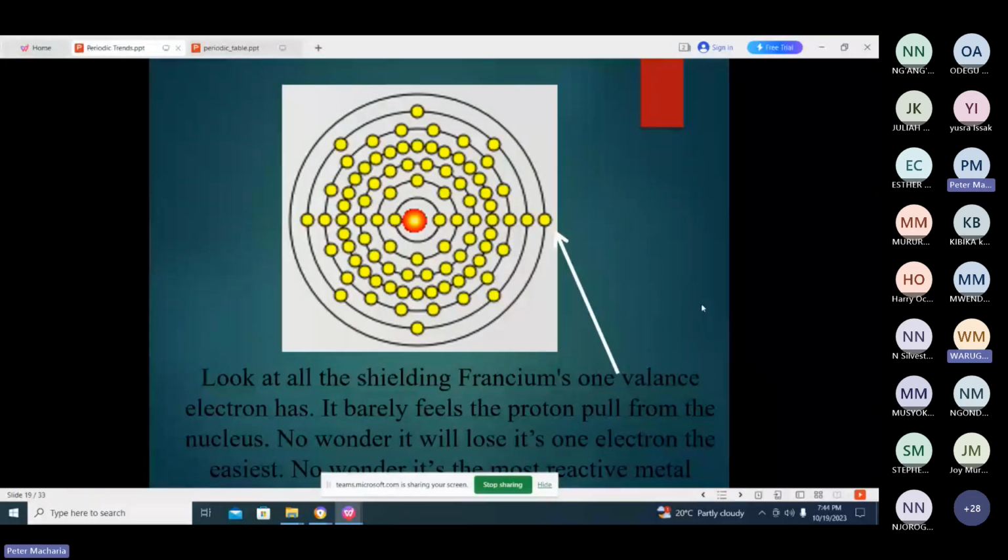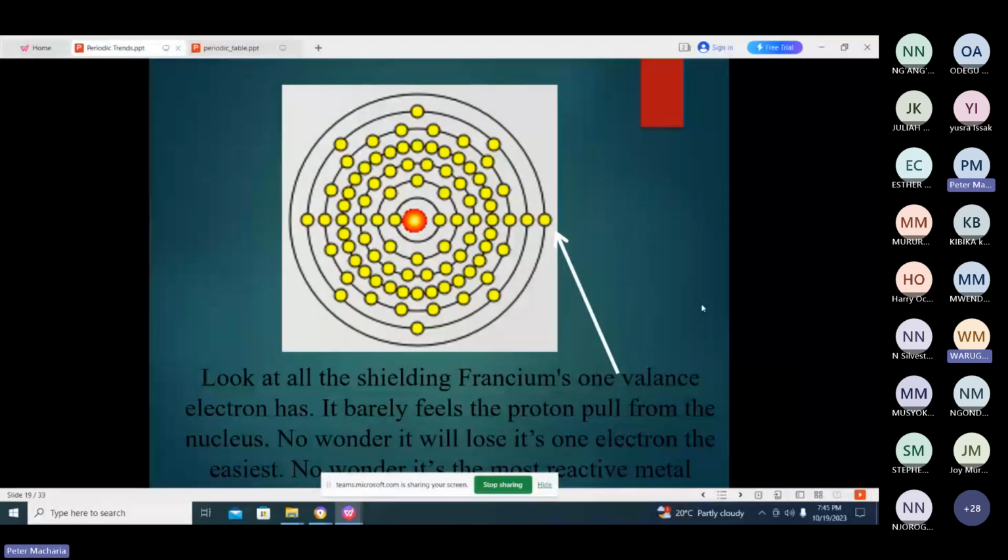Francium is at the bottom of group 1. It has 1, 2, 3, 4, 5, 6 principal quantum levels before the 7th principal quantum level outermost electron. So it means that the outermost electron in francium is so shielded from the nucleus that the net attraction to that electron is very minimal.